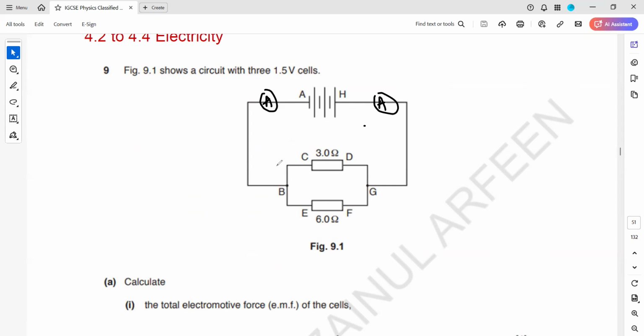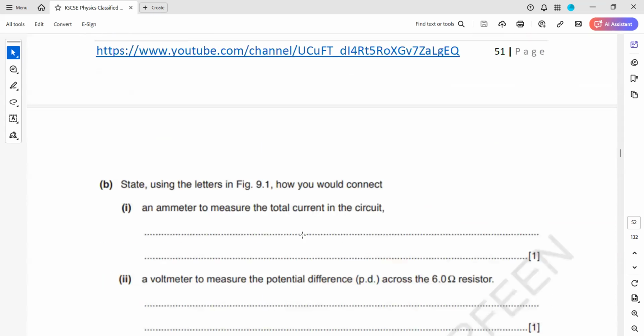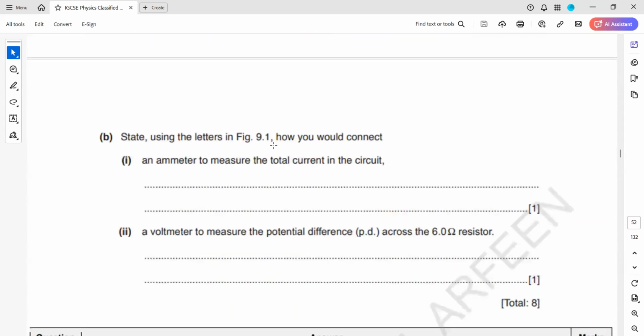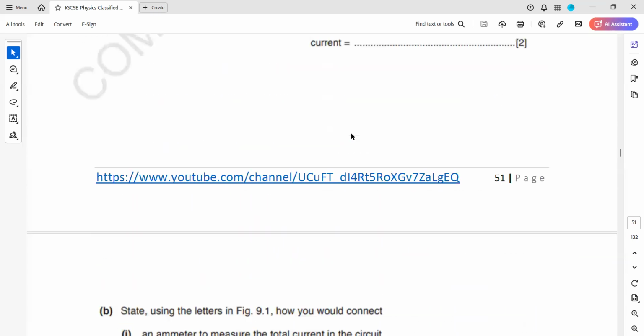We don't have to draw. They did not ask to draw. They just asked to state, using letters in the figure 9.1, how you would connect an ammeter to measure. So we'll connect an ammeter in series between A and B or G and H. Do we have to mention both or one? One, anyone.